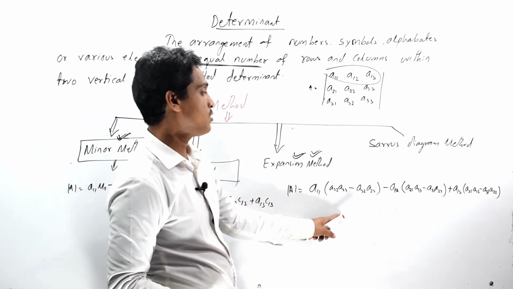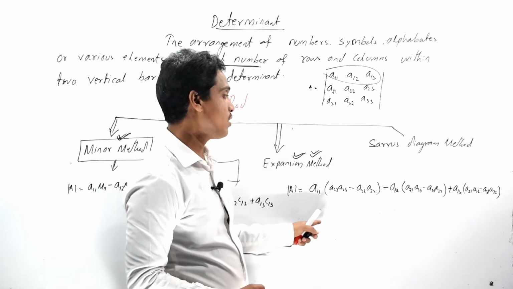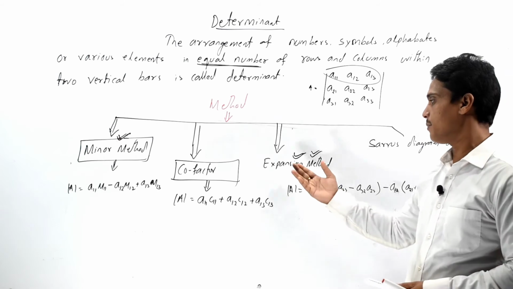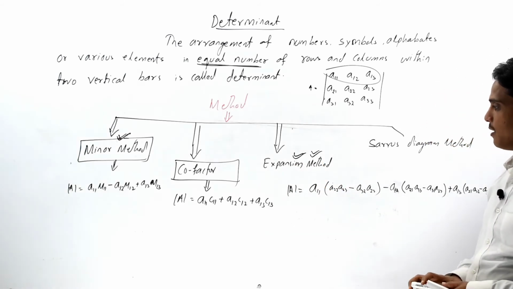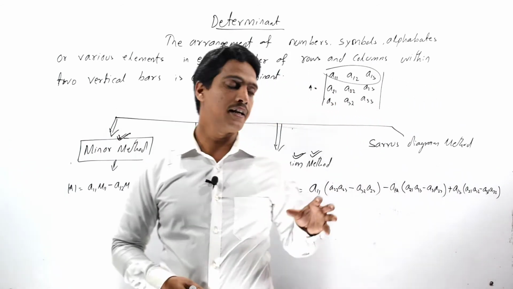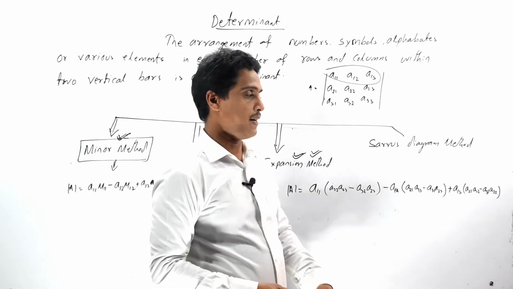Similarly, we can also expand any other rows or columns to find the value of the determinant under the expansion method, but we must carefully consider the respective signs of each element before expanding.